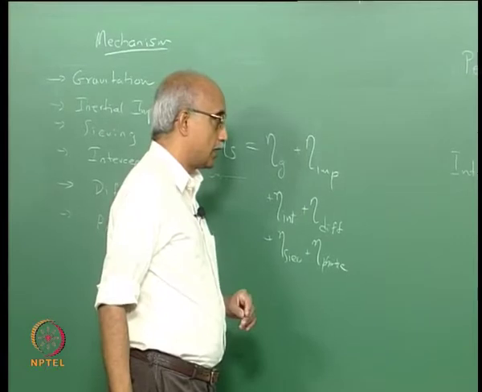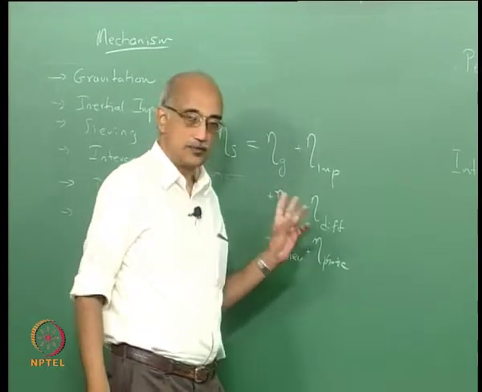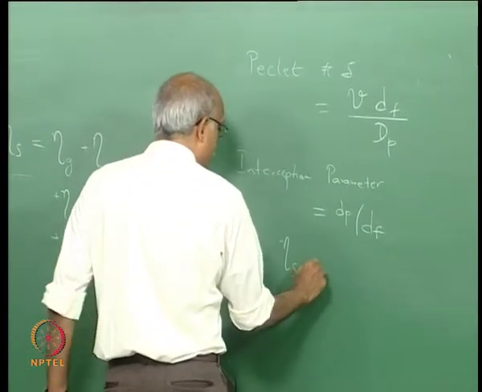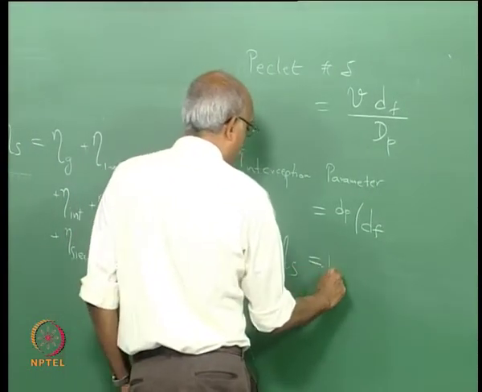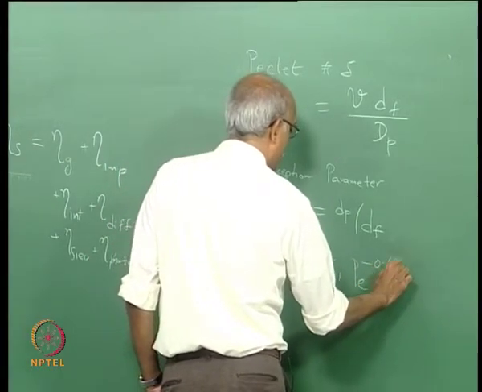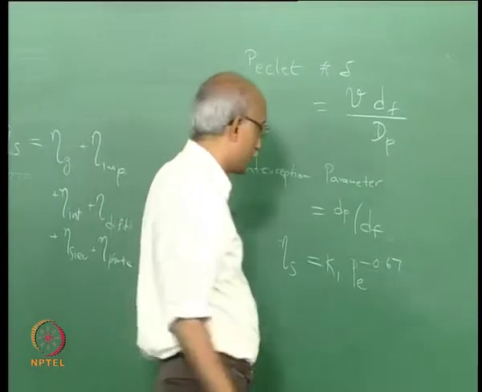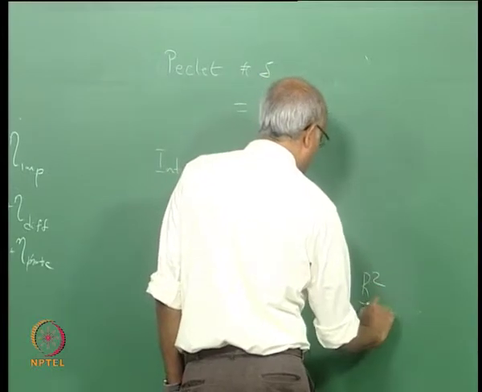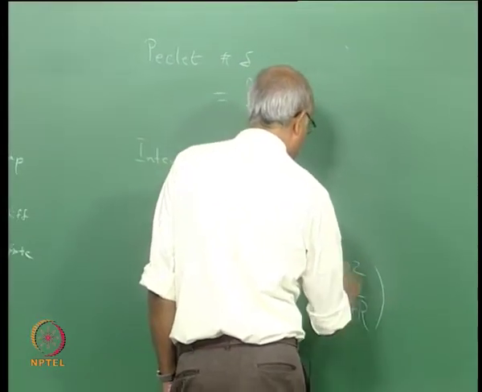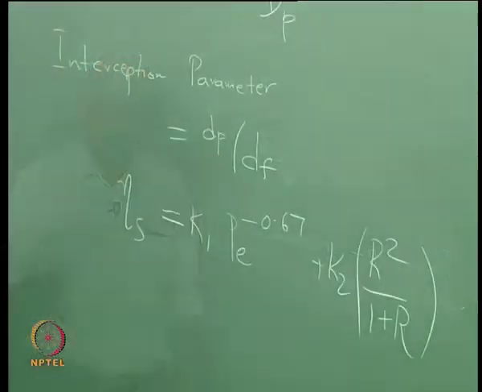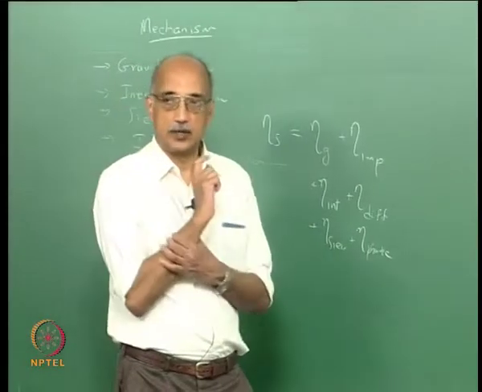And the efficiency of filtration can then be expressed for a single fiber as a constant K1 times the Peclet number to the power minus 0.67 plus K2 times R squared by 1 plus R. So, this is a semi-empirical formula that is used to estimate the efficiency of a single fiber.